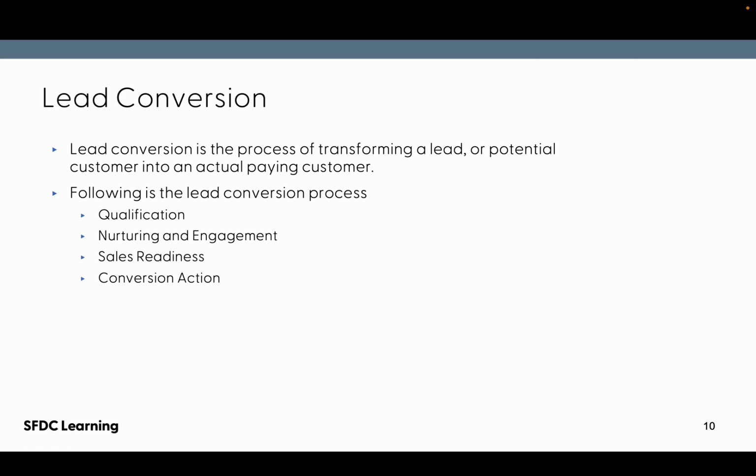Whatever CRM you are using, Salesforce, Azure, or any other. When the lead is converted, let's say I belong to ABC Corporation, then an account will be created with the name ABC Corporation.